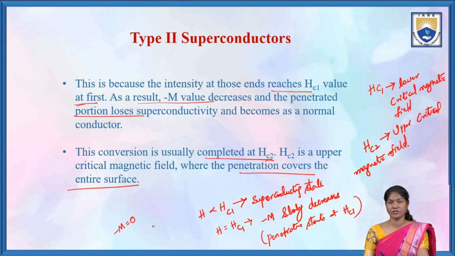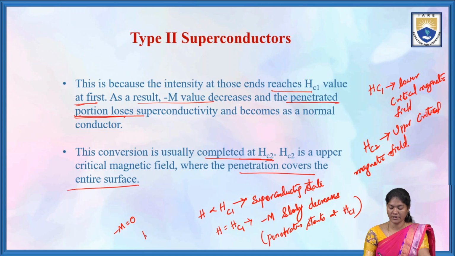Then the superconductor loses its superconductivity, so that the portion which is penetrated by the magnetic lines, wherever it is penetrated, loses its superconductivity and becomes a normal conductor. This conversion is usually completed at HC2.